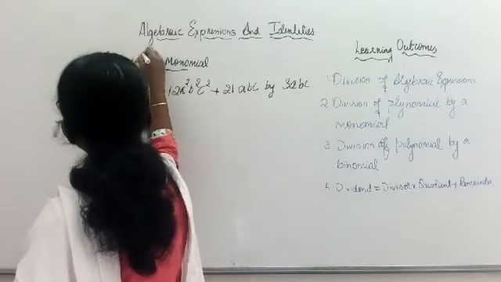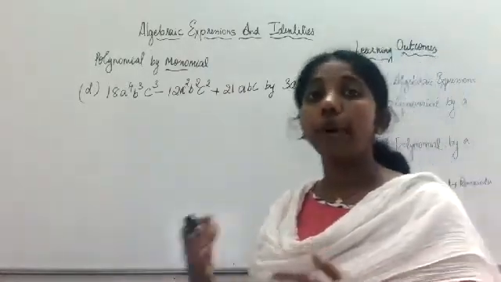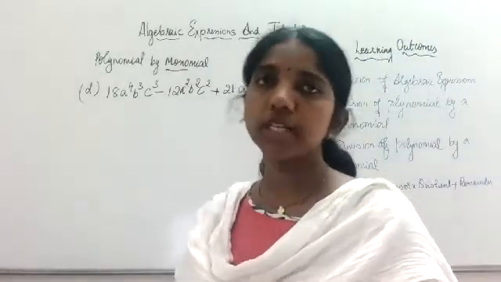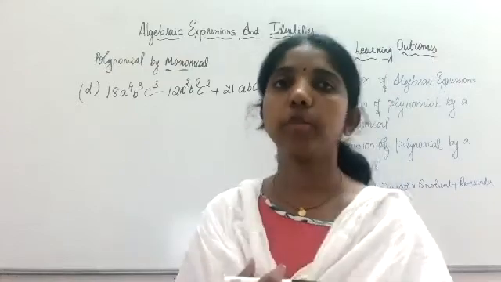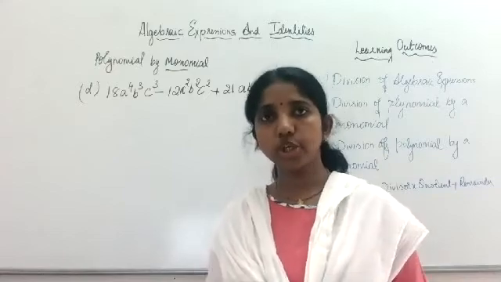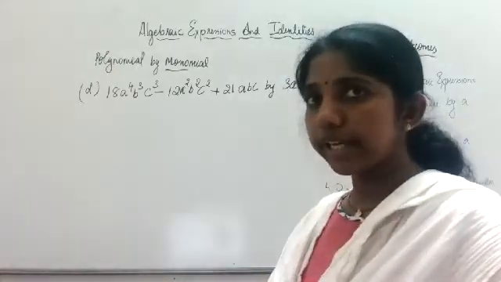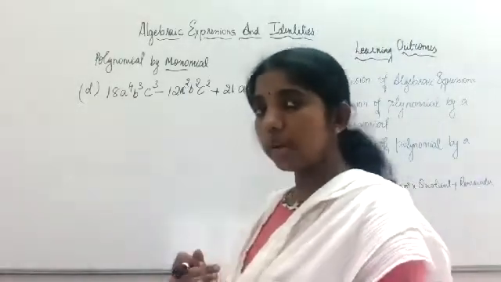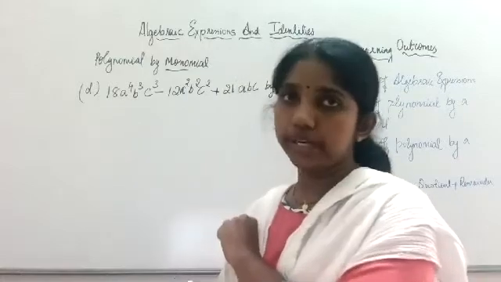So how to do polynomial by a monomial division? Polynomial by monomial division is similar to your binomial by monomial division. That means the denominator divides each of the terms in the numerator.